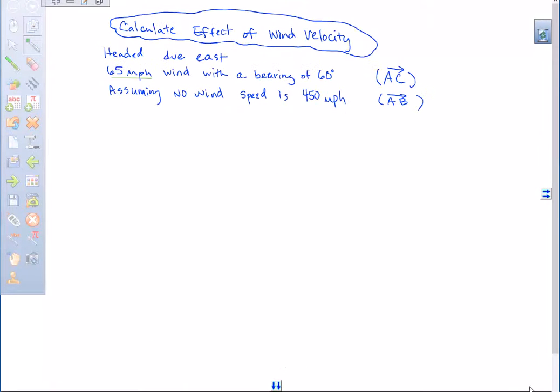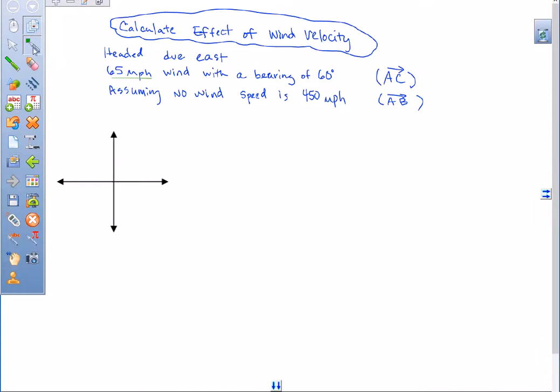Now, next thing we're going to do is calculate the effect of wind velocity. So when we're in a plane, the wind can have an effect on us. So if we are headed due east, but there's a 65 mile per hour wind with a bearing of 60 degrees, and if we assume that with no wind, our speed is 450 miles per hour, let's sketch this one and see what we think.